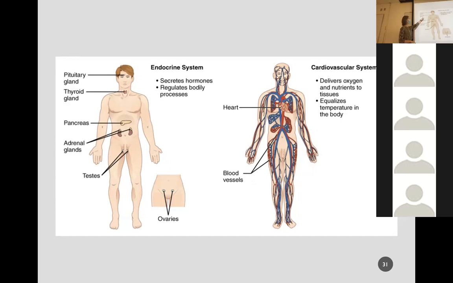You may have heard of the thyroid gland, which is in your neck. Many people have issues with the thyroid gland functioning correctly, which can throw off metabolism, which can lead to weight gain or weight loss, depending on which way that error occurs. So the endocrine system: regulation of all of our body processes through hormones.